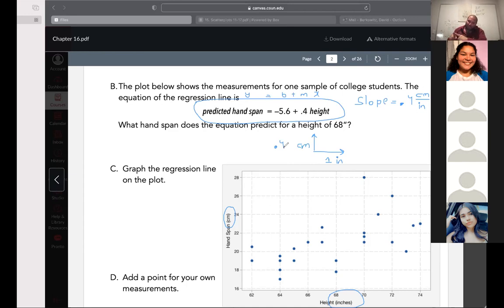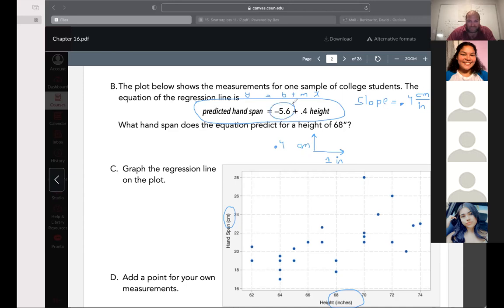For every inch this way, go up 0.4 centimeters. If I go up 2 inches, it should go up 0.8 centimeters, and so on. Does that make sense? Do the units make sense? Yeah.